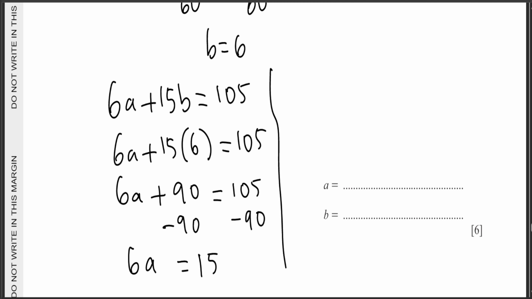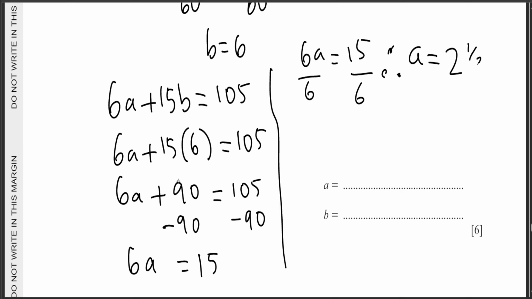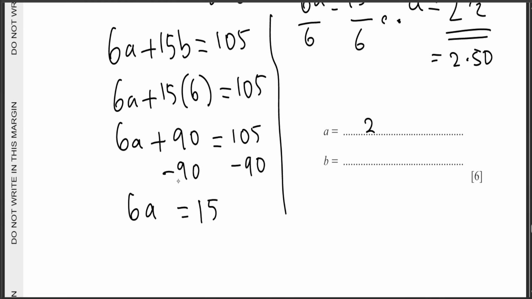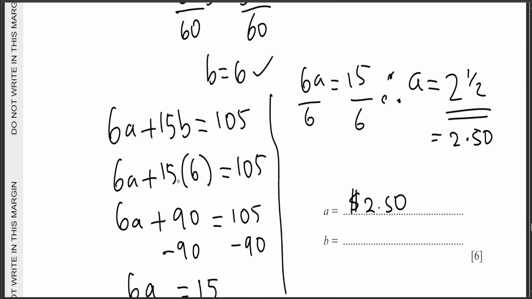So 6A is 15, divide by 6, and therefore A is going to be 15 divided by 6. 6 goes into 15 2 times, remainder 3 over 6, which is 0.5. So A is 2.5, which is 2 pounds 50 pence. So A is 2.50, and B is 6.